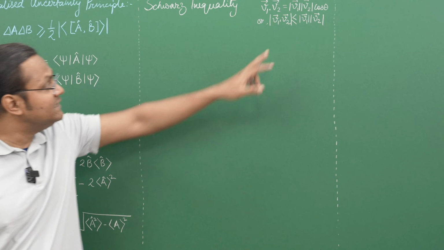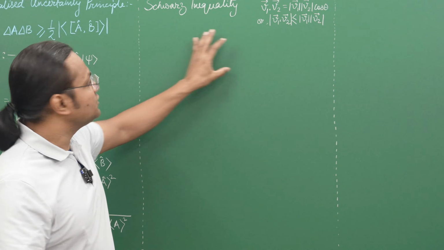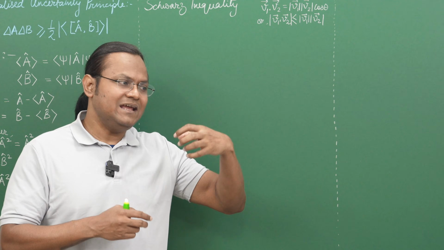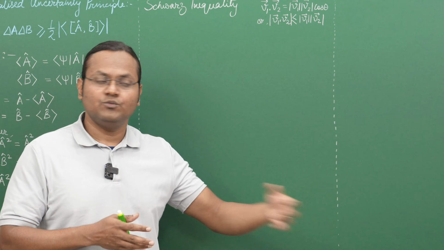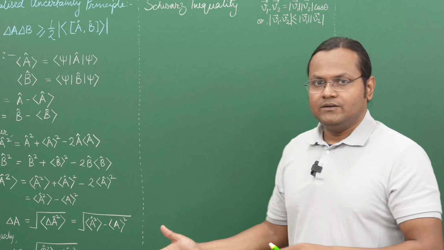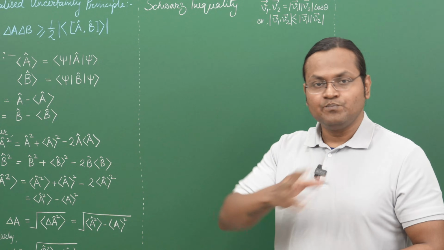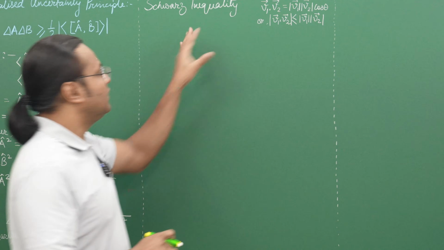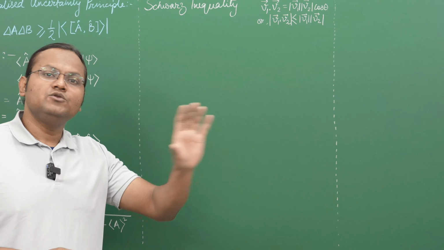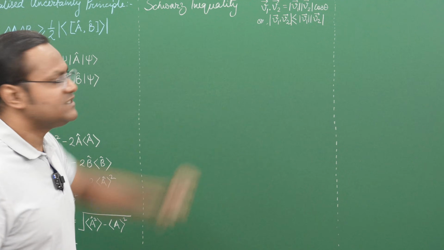But in fact, this is a very specific example of a much broader Cauchy-Schwarz inequality, which is valid for all kinds of vectors in a linear vector space with a well-defined inner product. Now we know that quantum state vectors belong to something called Hilbert space, and they also satisfy this particular inequality. So all the state vectors belonging to Hilbert space, which we define as quantum mechanical states, also satisfy this kind of property.